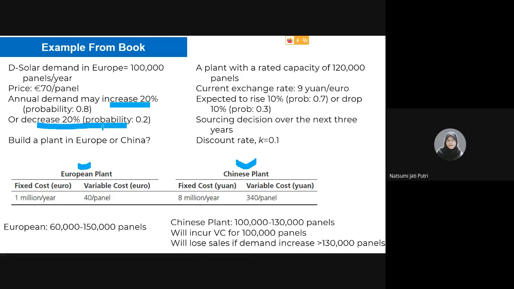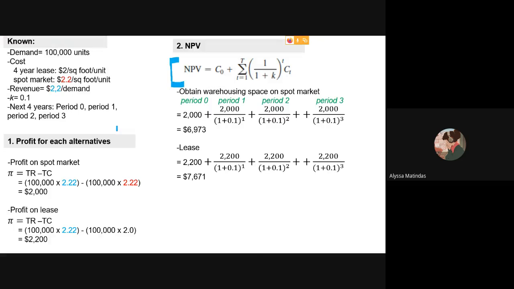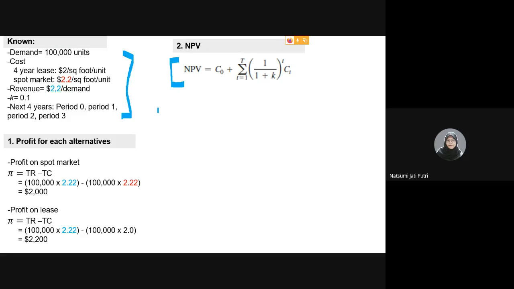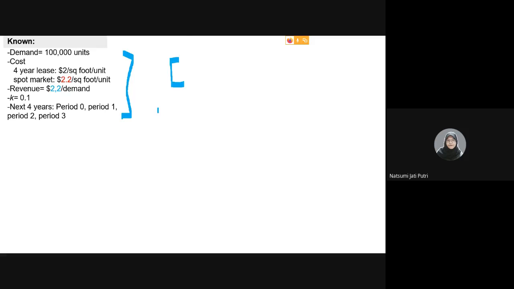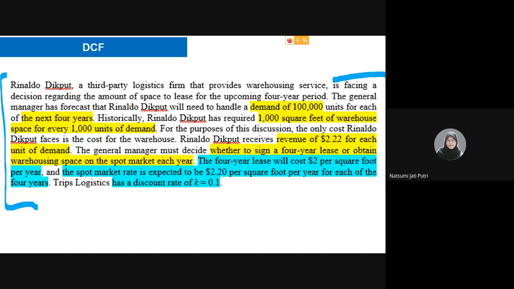Pakai decision tree kalau ada probability. Kalau semuanya udah certain, nggak ada probability, baru pakai discounted cash flow. Iya, benar. Oke, thank you. Kalau ada yang ketinggalan untuk pembahasan ini, nanti bisa dilihat rekaman videonya ya.